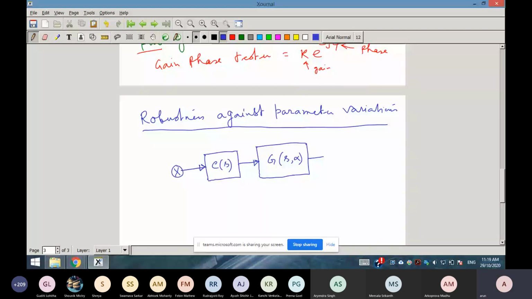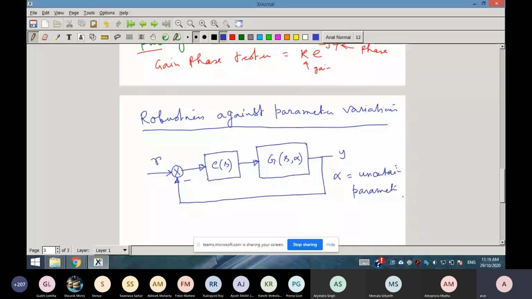In fact, no inaccuracies nowadays, with high-speed digital processors. So we can assume that the controller is fixed. This is the reference input R, this is the output, and alpha is the uncertain parameter.